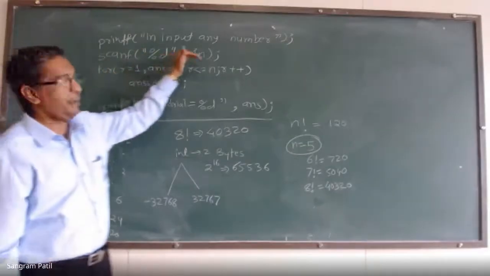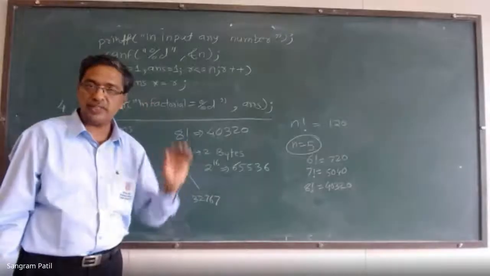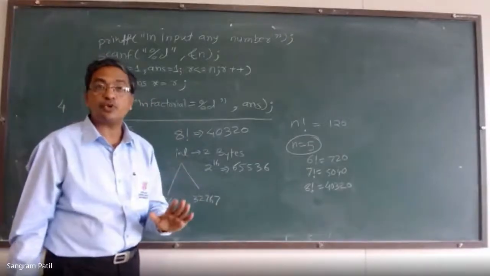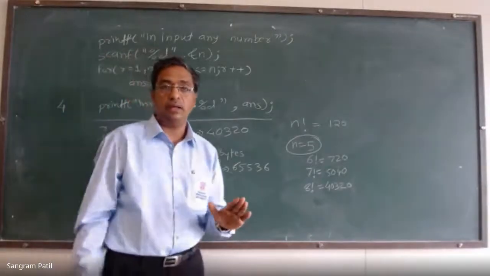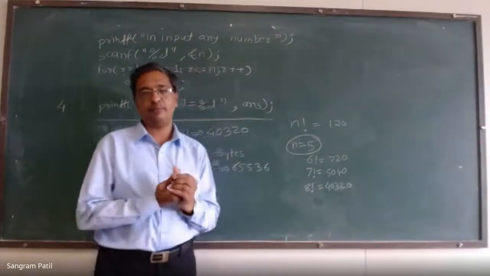When you input the value of n as 8, this will give you a wrong answer. But first of all, we will see why it gives a wrong answer, and then we will see what is the solution for that particular problem.